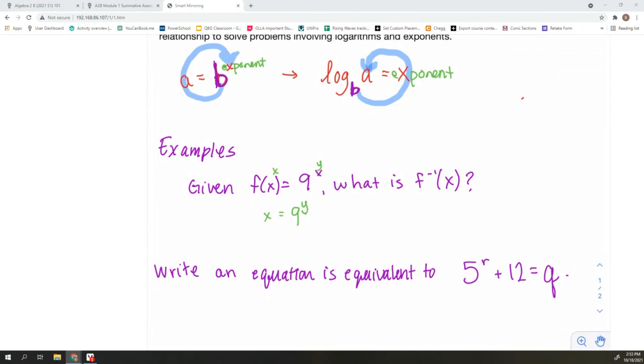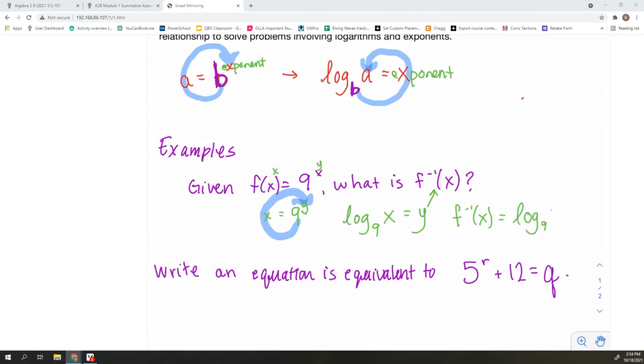So base b of this equals that: log base 9 of x is equal to y. And then once we do that, you replace y with f inverse of x. So f negative 1 of x is equal to log base 9 of x.